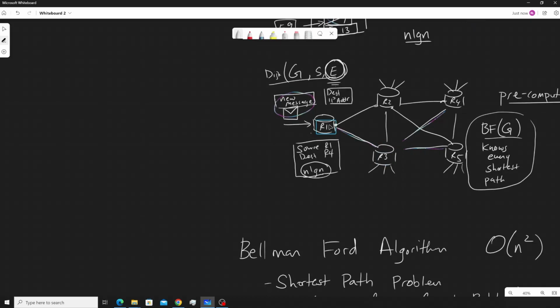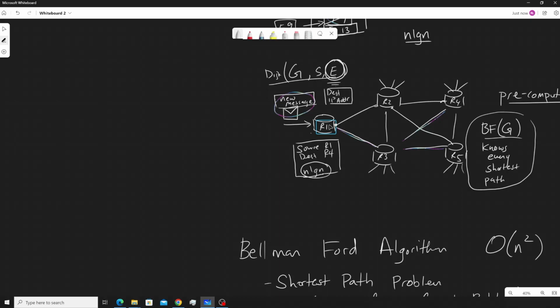So it knows the shortest paths to those routers, and it uses the prefix system of your message. So it sees that your message contains some IP address, let's say 6.6.2.2, and it matches it up with the network that most closely matches that. And it'll forward it to the most appropriate router, the one that matches it the closest and that it has the shortest distance to.